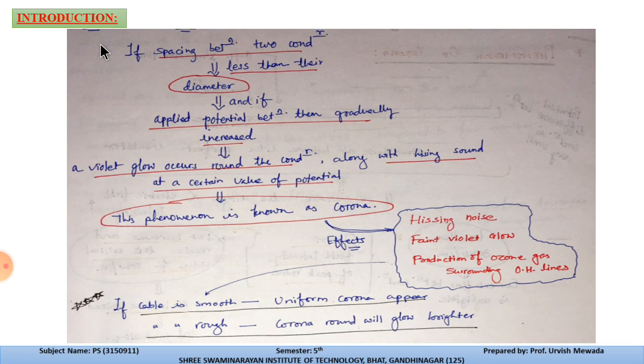Whenever the spacing between two conductors, here we are talking about the conductors placed on the transmission line. As you have already seen, the transmission tower, you can see all three phases are separated from each other with equal spacing.